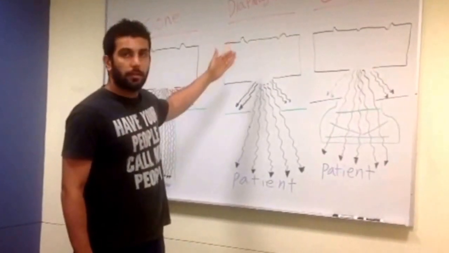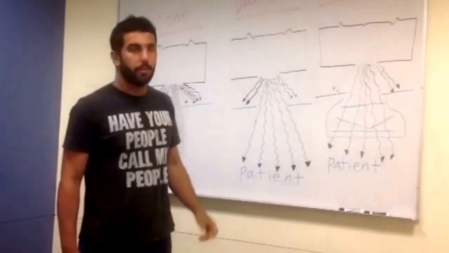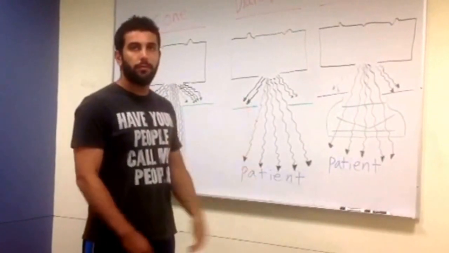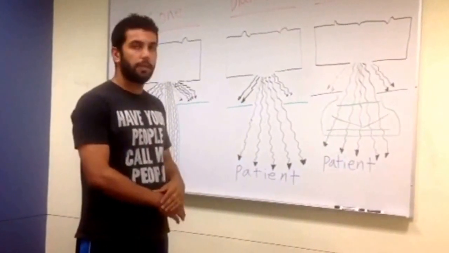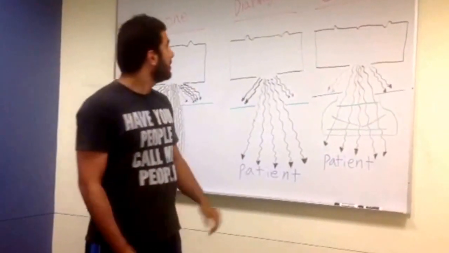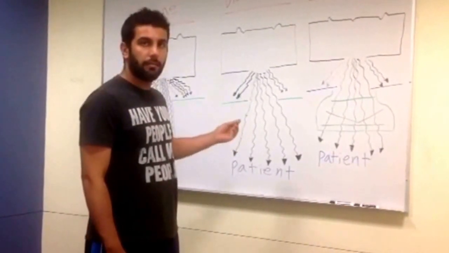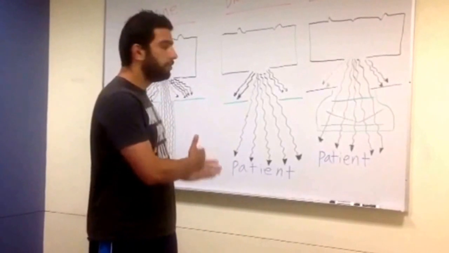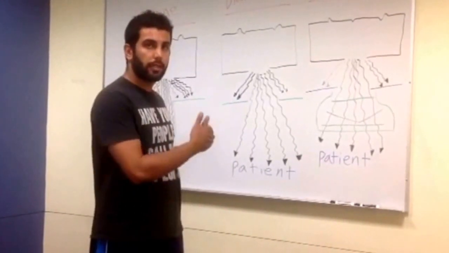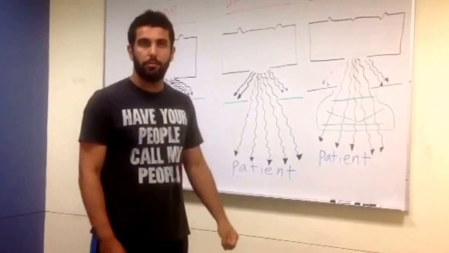First, we are going to talk about the aperture diaphragm, which is the most basic and oldest form of beam restricting devices. The aperture diaphragm is basically made out of lead and lead-lined metal placed in the tube to restrict the beams emitted from the tube.